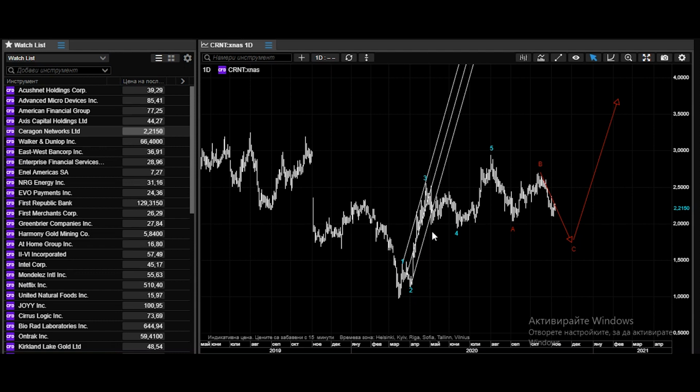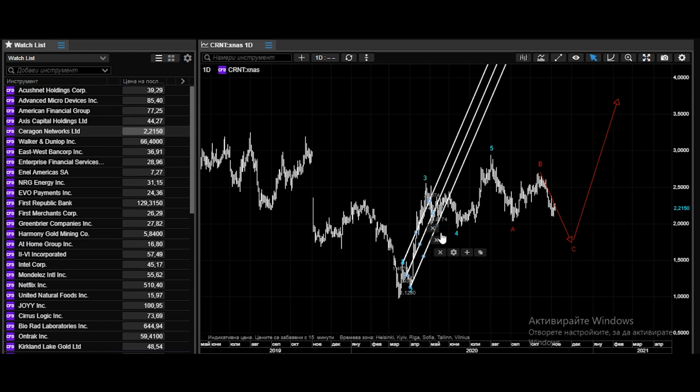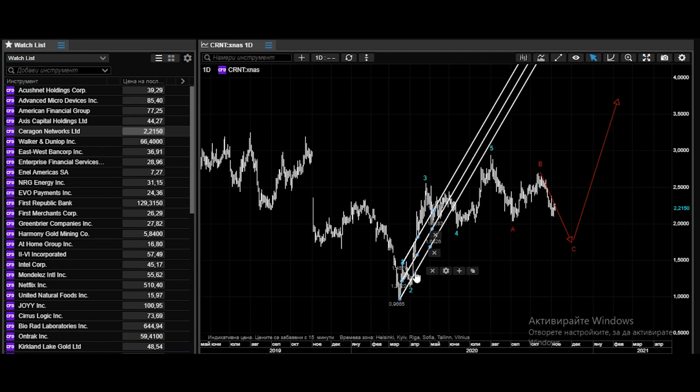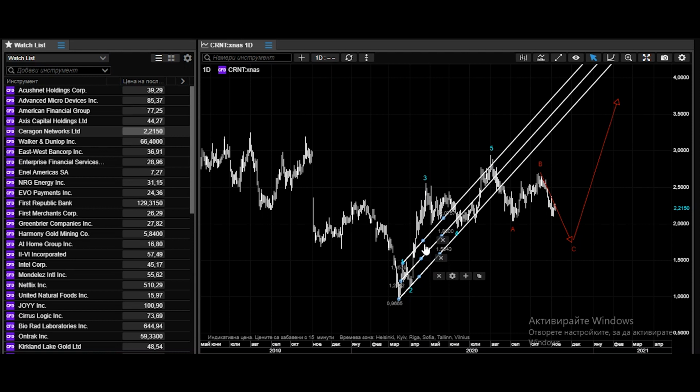The price exits from the channel outline, which means that wave 4 is developing. Again the base channel, and now the fourth wave is limited to the outline of the channel, followed by the last fifth wave here.